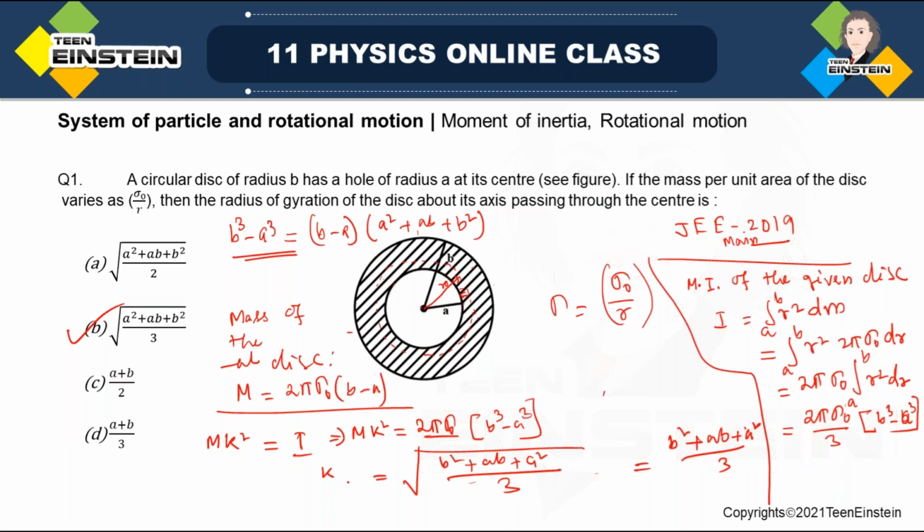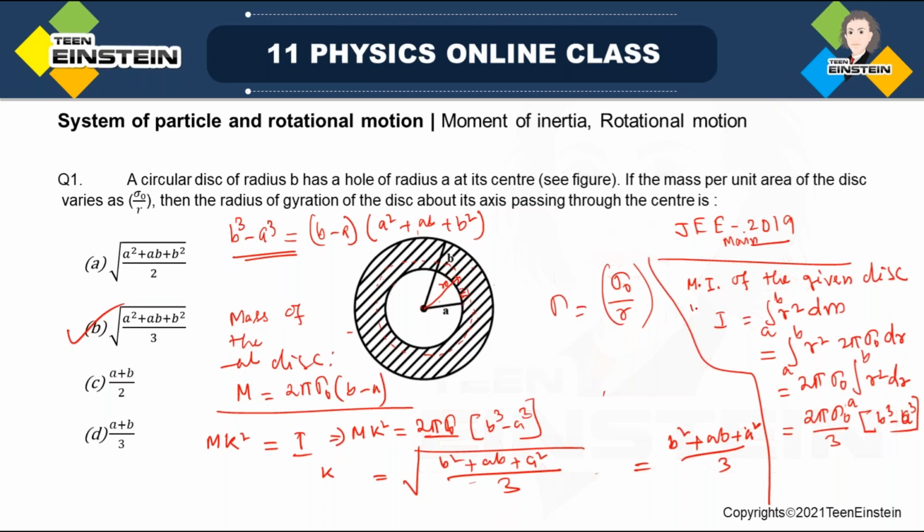Okay, so this is how you have to solve this problem. What we have done is taken an elemental disk of radius r and thickness dr. Then we found the mass of the annular region of the disk by integrating over the radius from a to b, and then we wrote the moment of inertia as the integral of r square dm, and from there we calculated the moment of inertia.